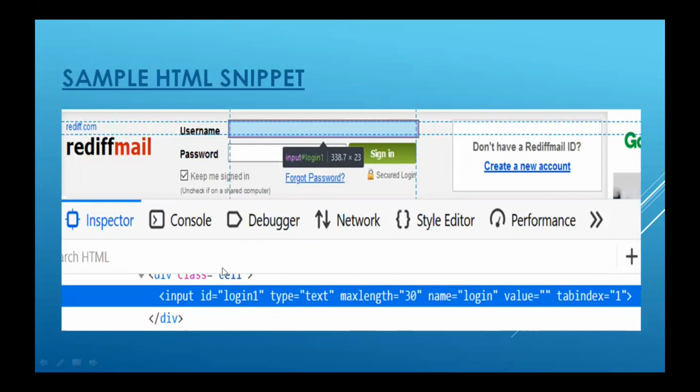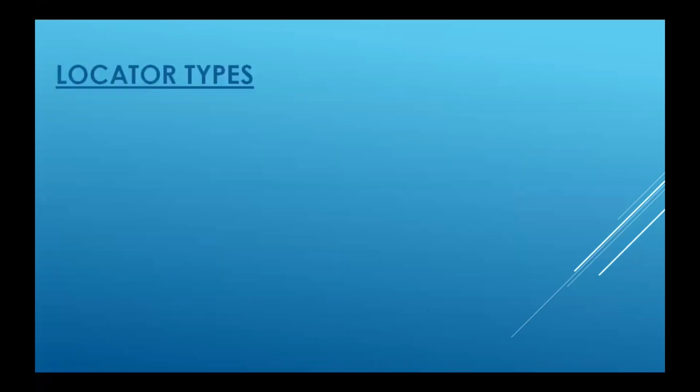Out of this, the unique properties will be ID and name. Type text, max length 30 cannot be a unique property since the password field may also have a max length of 30. So this login page has various properties, but out of them, ID and name are the unique properties.